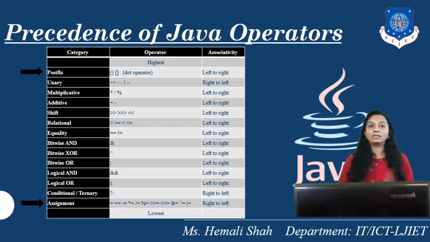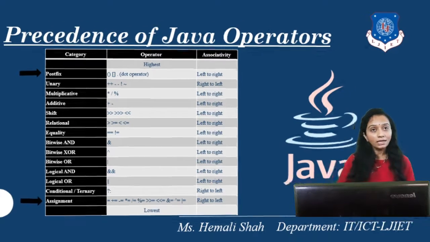So keep in mind this precedence order, because it will help you make logic also. And what the output of some equation should be, you can identify only if you know the precedence order of the operators, right?